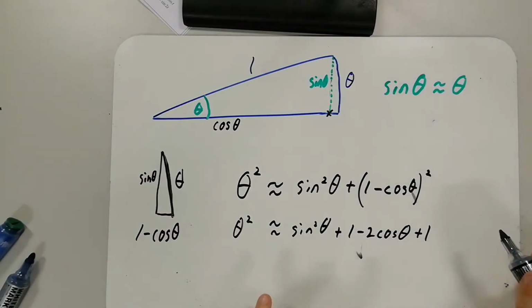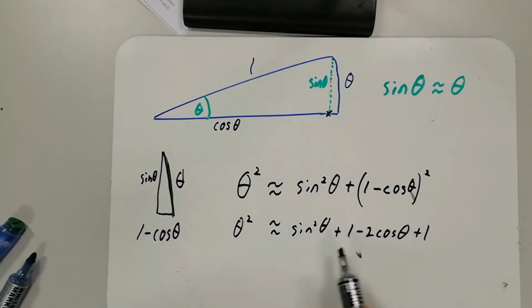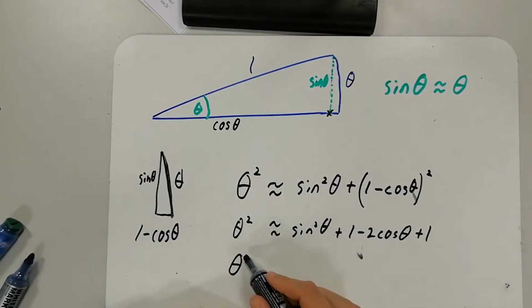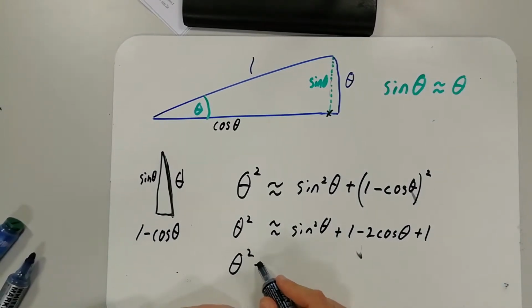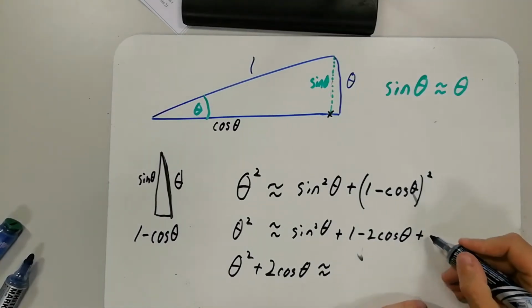And now looking at this, we can see that we actually get theta squared. I'm just going to add that 2 cos theta over to this side. Approximately the same as, plus 1. That's where I was.